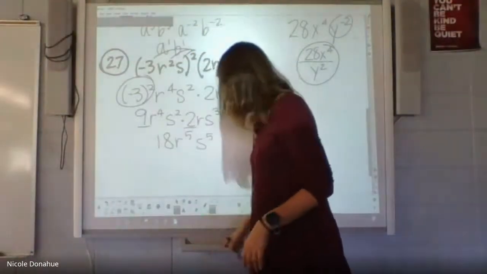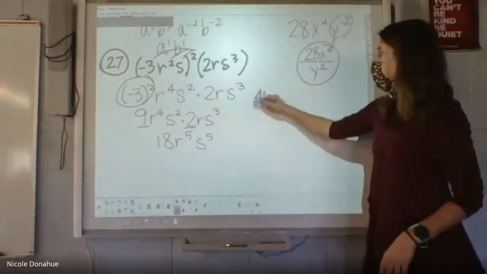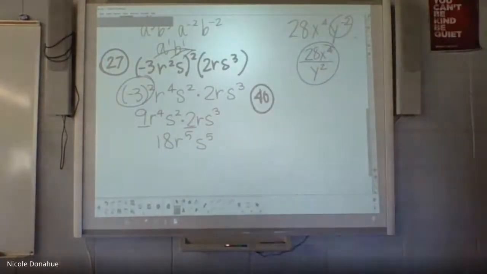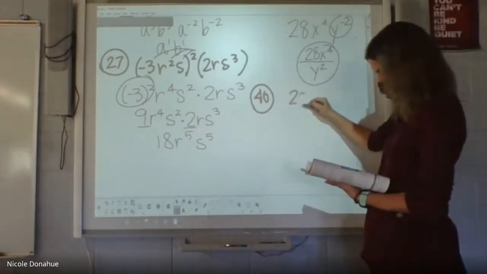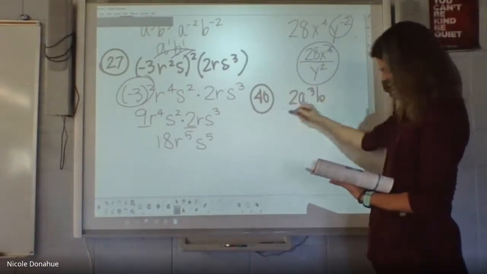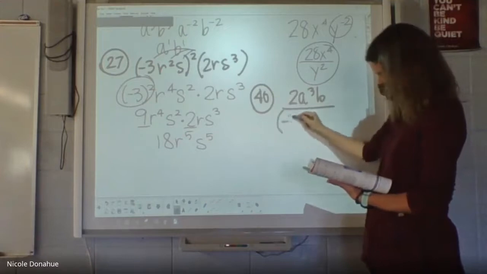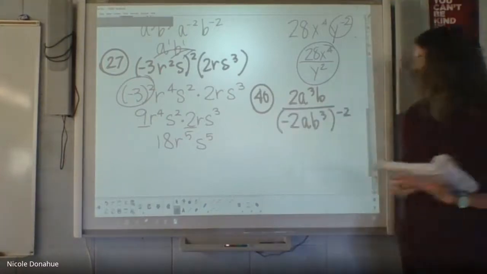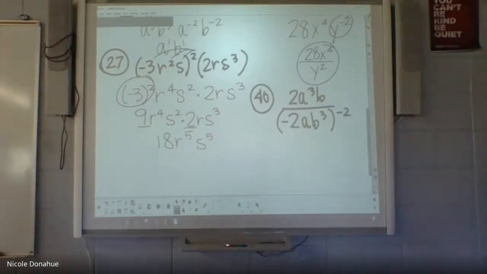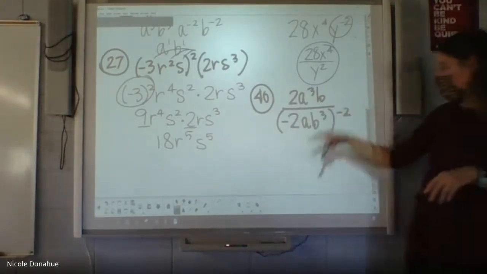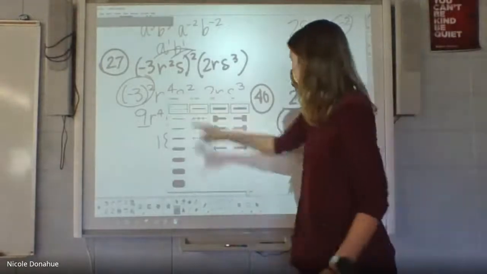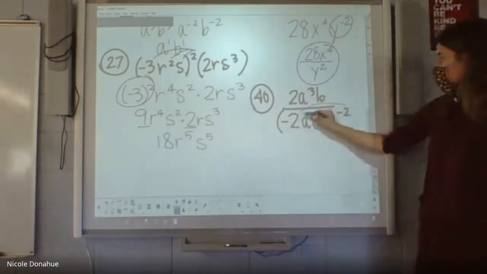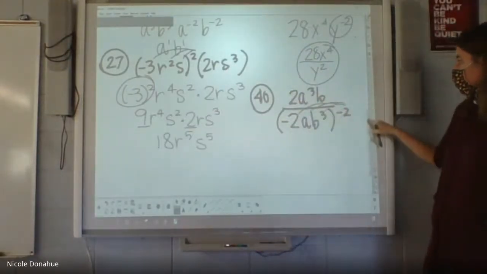All right, I'm going to go to 40 then. So number 40 here, I have to distribute this negative 2 power in on the bottom. So this is going to go into all 3 spots here.